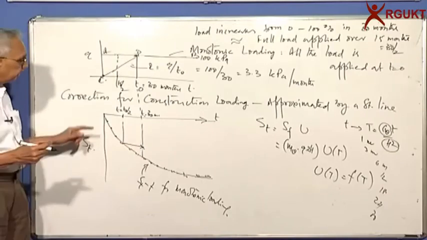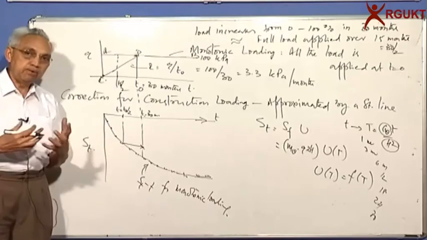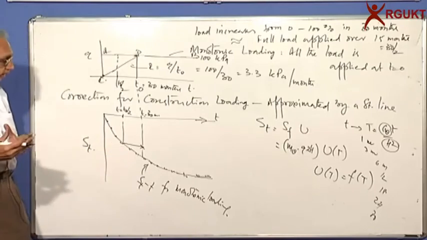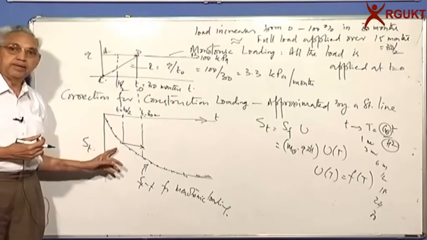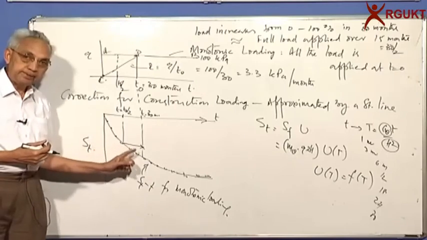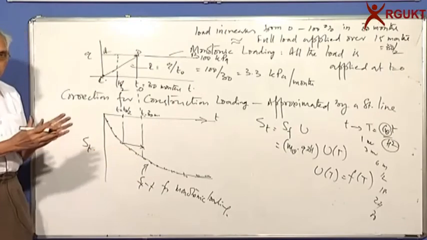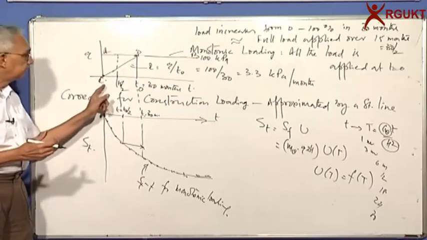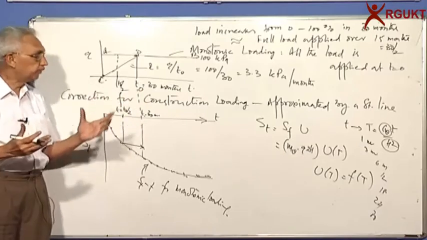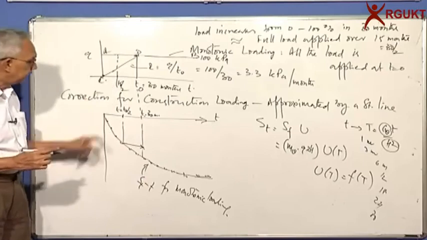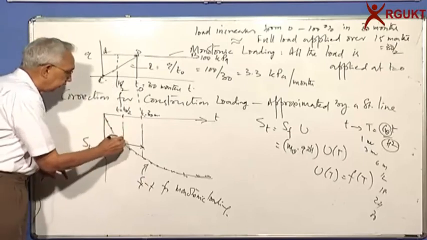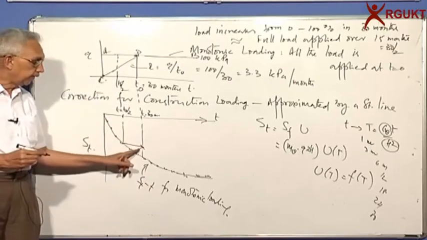The difference is, this plot is assuming all the load is applied at t equal to 0, but now you are calculating settlement assuming the load is applied at average time, which is 0 to 30 months, which is 15 months. So I take t equal to t0 by 2, and I get that settlement.